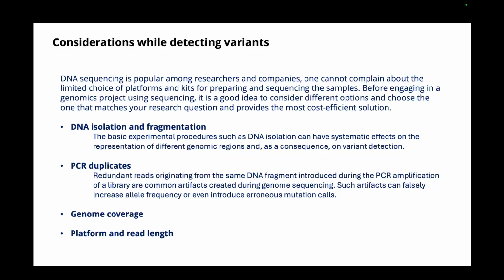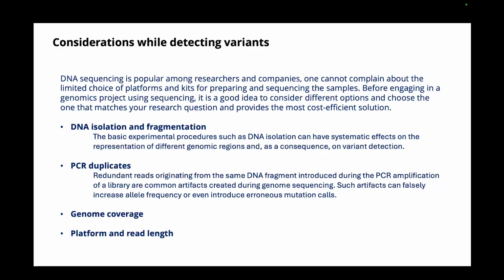And PCR duplicates, which is pretty important, are redundant reads originating from the same DNA fragment, introduced during PCR amplification of a library. This can be a common artifact created during genomic sequencing. It can falsely increase or decrease your allele frequencies or even produce erroneous mutation calls as well.